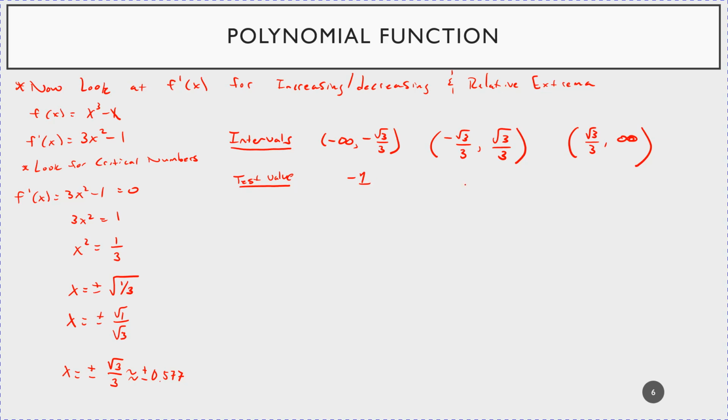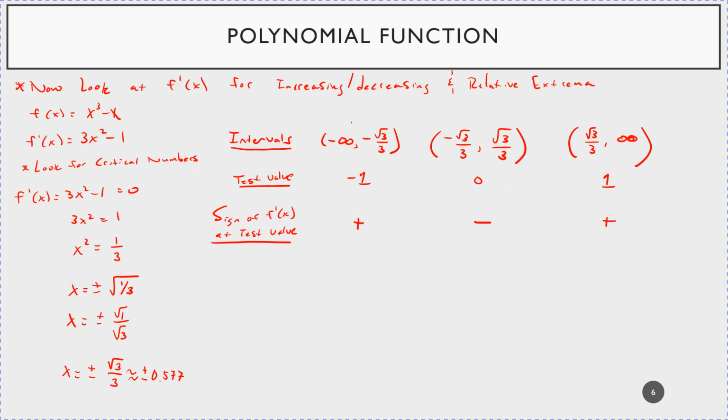Here I'll pick -1, 0, and 1. And then you're just going to look at the sign of f prime of x at the test value. If you plug -1 into the first derivative, -1 squared is 1 times 3 minus 1, that's positive. If you plug in 0, you just get -1. And if you plug in 1, you get a positive again.